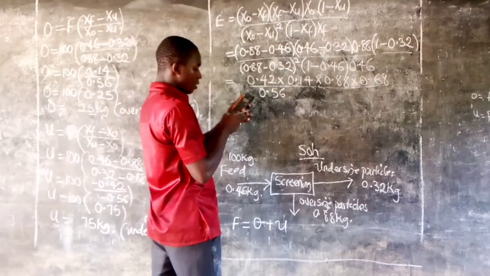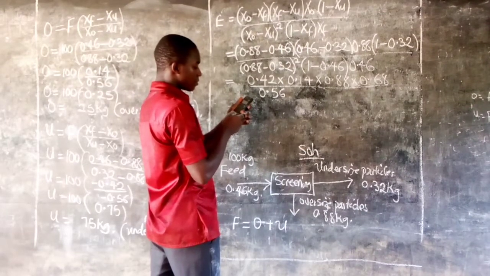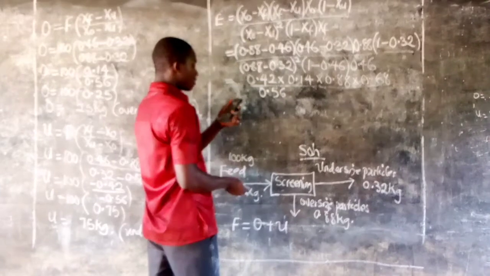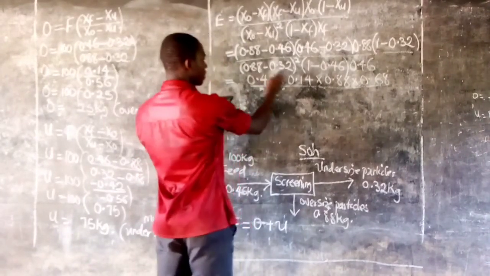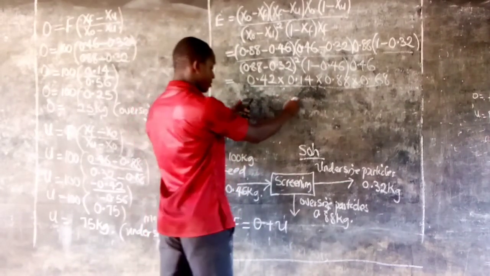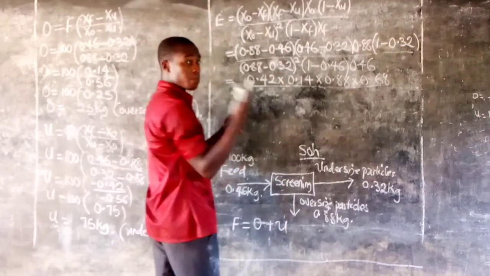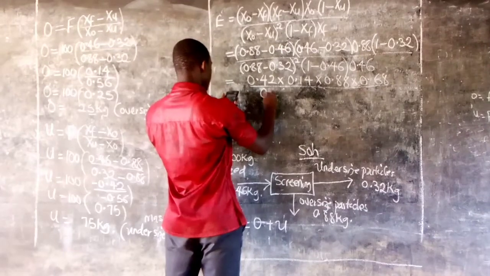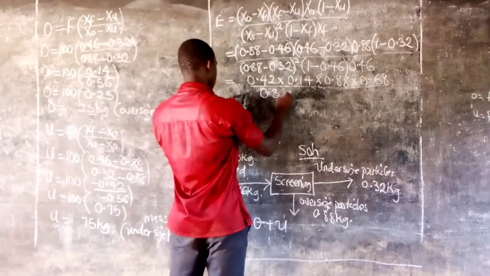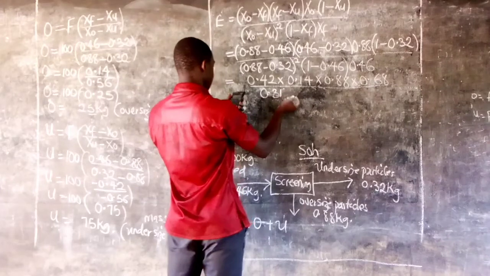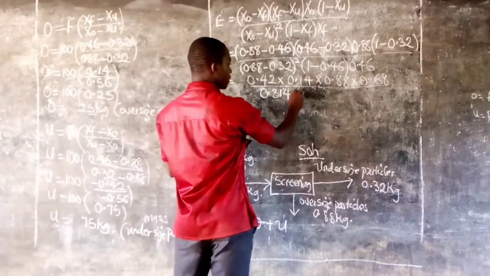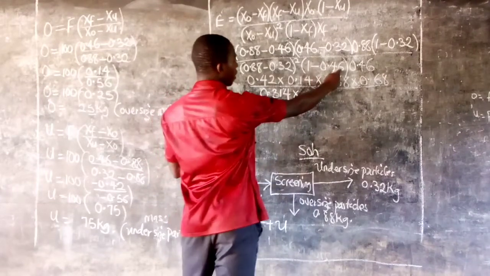That is times 0.56. Now this minus this will give us 0.56, and then when we raise it to the power of 2, we now have 0.314, approximately. Then times, now this minus this.